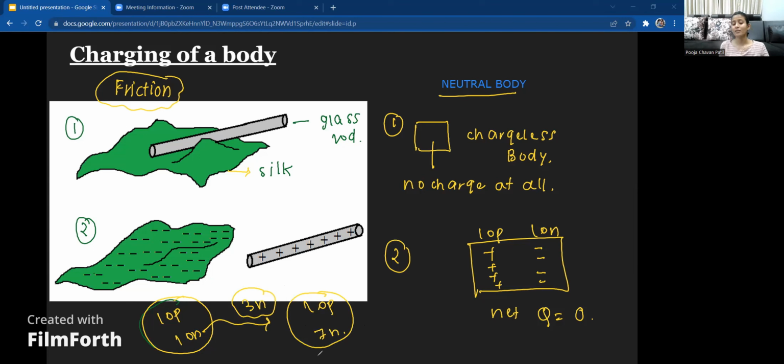So in this case, there are more protons present in this body. How many more? 3 more protons, and hence this body becomes a positively charged body. So this is how we can understand it. The body is either negatively charged or positively charged, and a very simple method of charging a body is by friction.